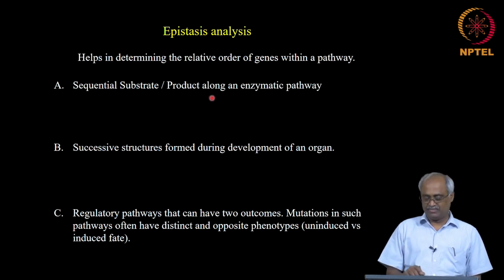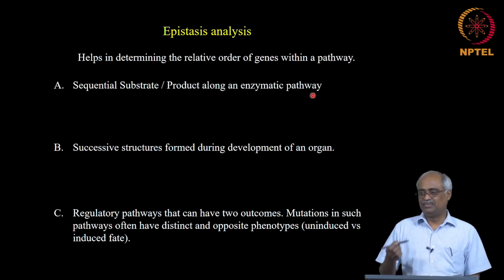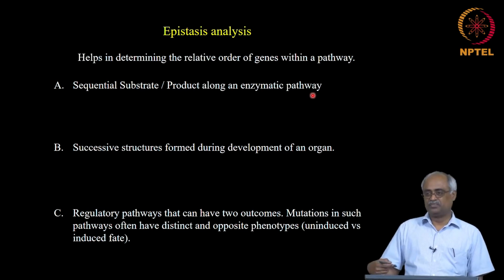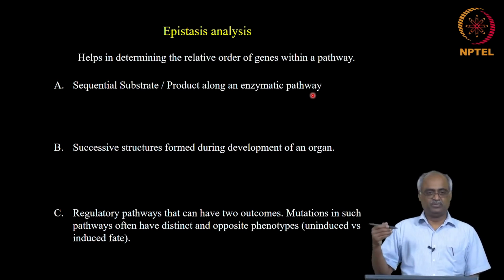So, that is an enzymatic pathway. Glucose 6-phosphate will come only if there is glucose, fructose 1,6-phosphate is possible only if there is fructose 6-phosphate, and so on. So, you have enzyme 1, 2, 3, 4 like that, they act there.